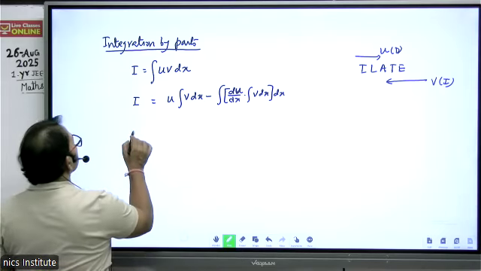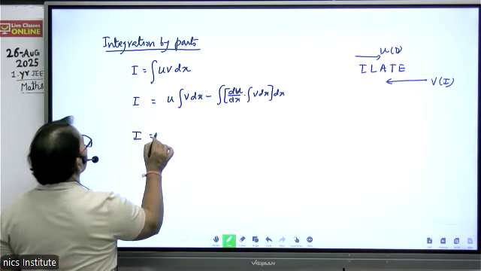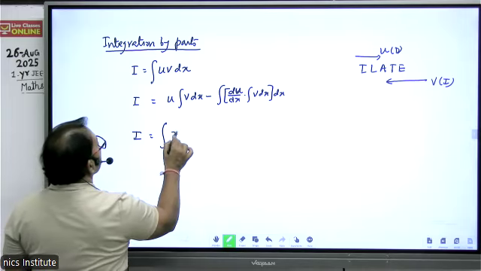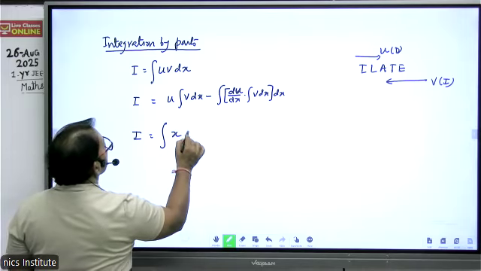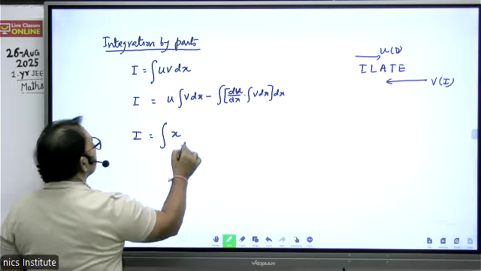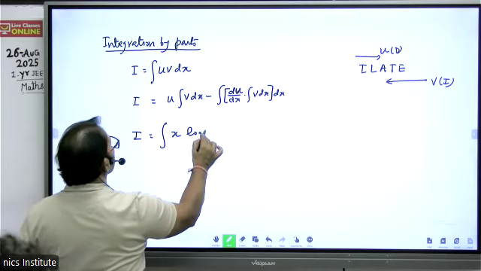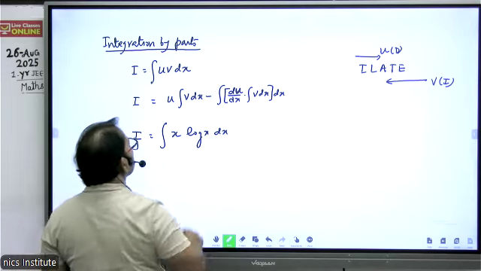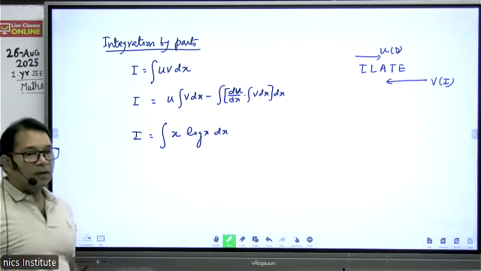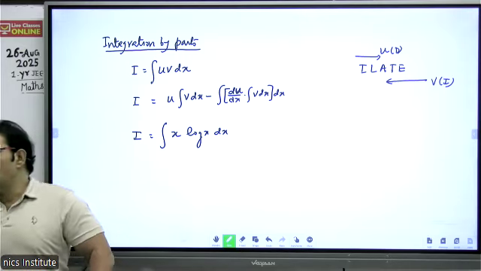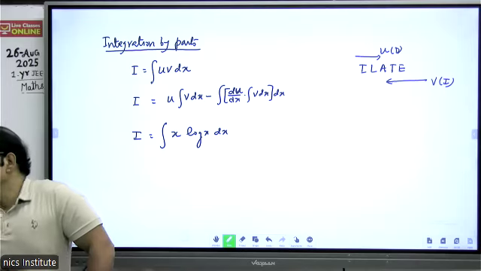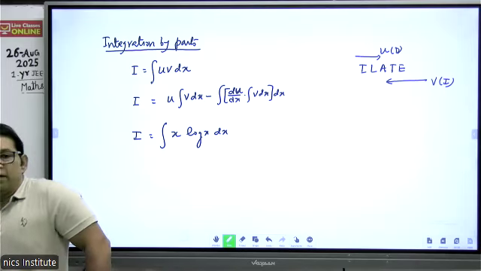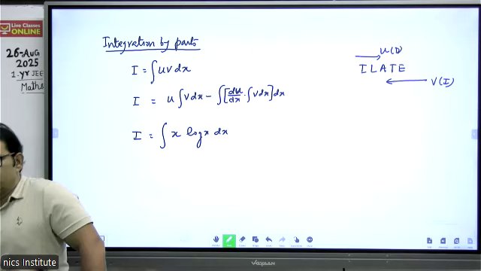Like integration of x log x. X is algebraic, log x is logarithmic. So which one will we differentiate? Log x.